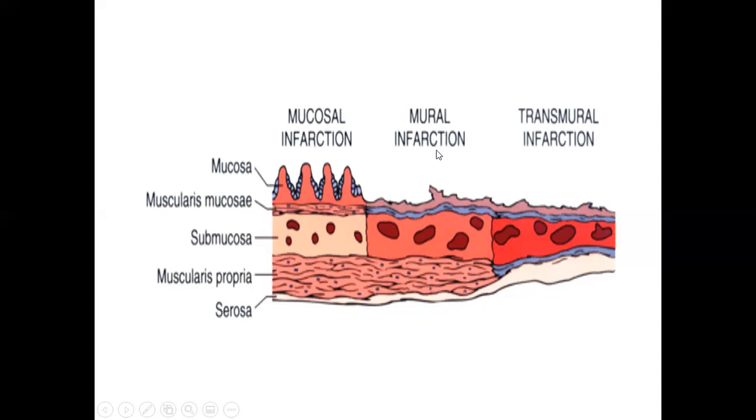Then in mural infarction, there is involvement of the submucosa along with the mucosa. And the third is transmural infarction, where you can see the full thickness of the wall of the intestine is involved.